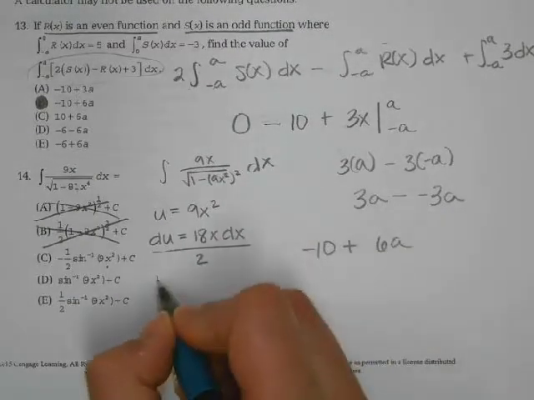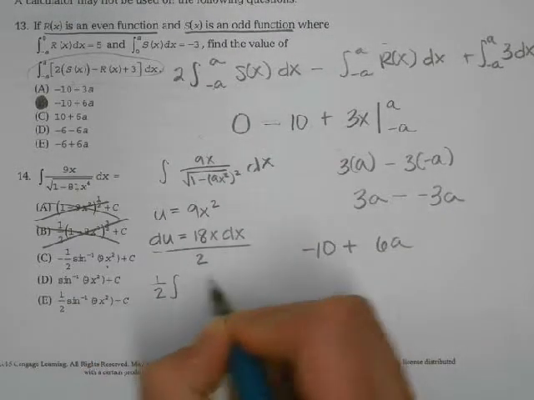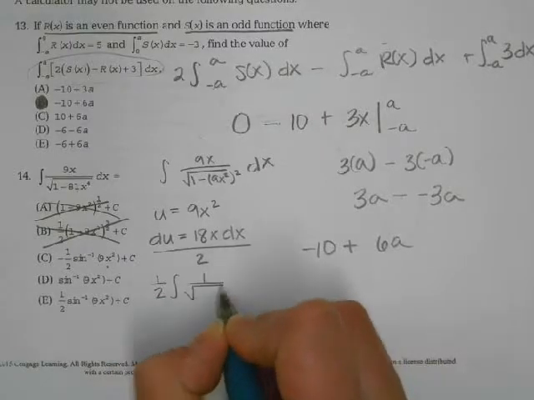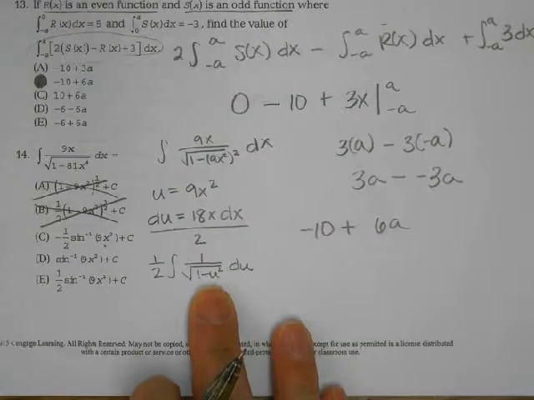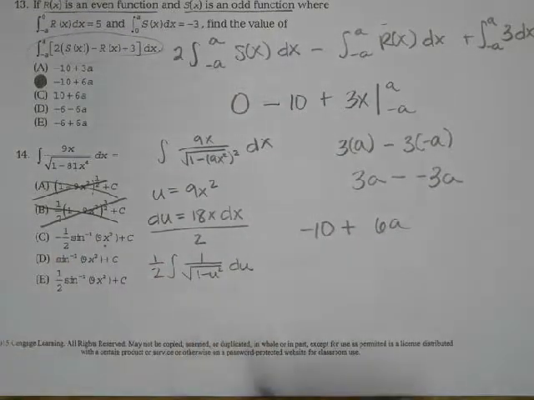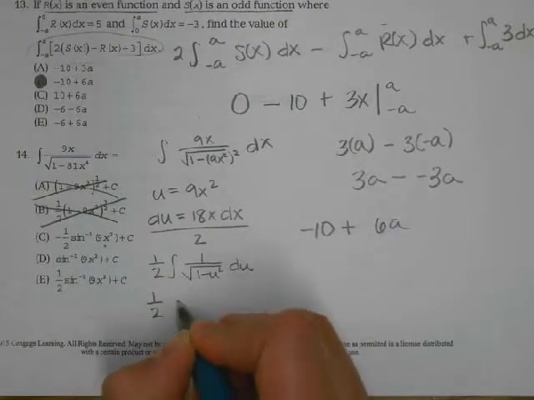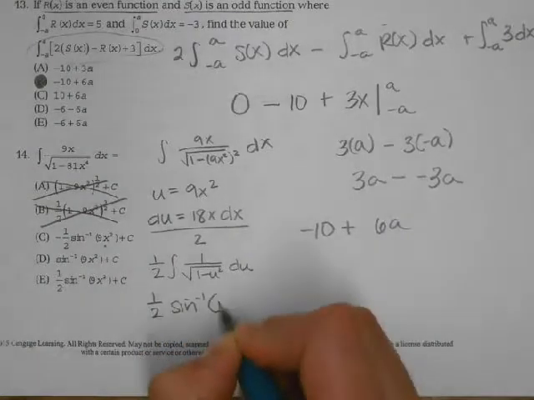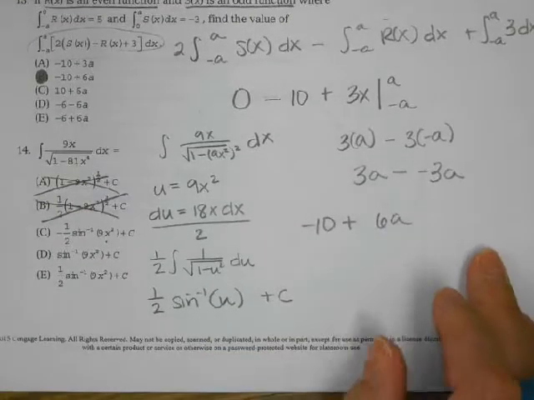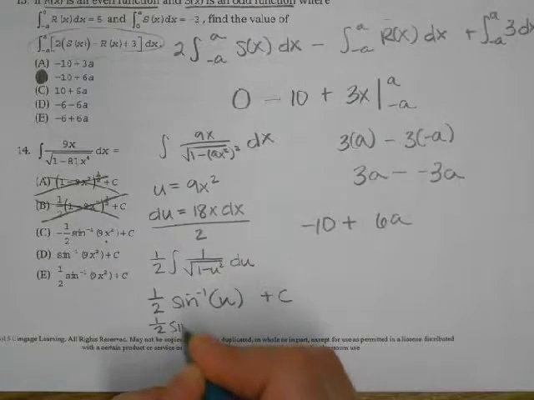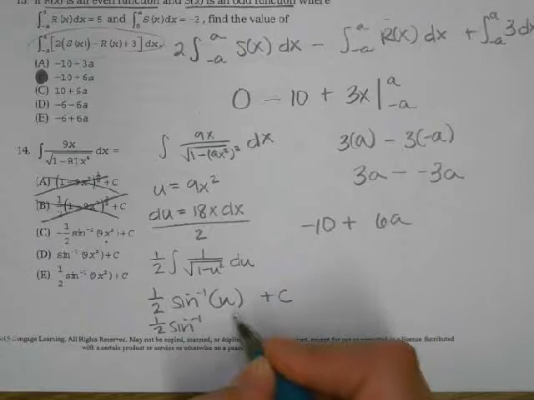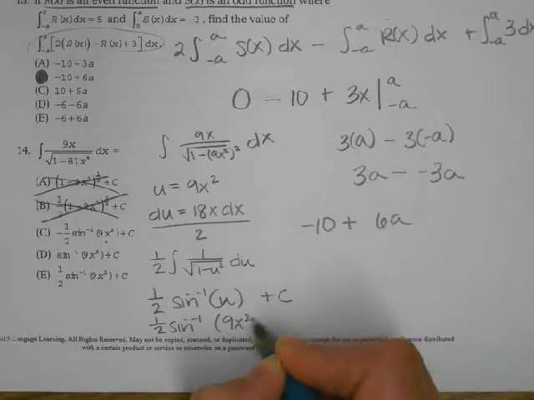So that meant I've got 1/2 in the front, and I've got 1 over the square root of 1 minus u squared du. And then I don't really have to know what the integral of that is because they gave it to me, it's sine inverse. So that's 1/2 sine inverse of u plus c. And then I can go ahead and plug my u back in. 1/2 sine inverse of 9x squared plus c.